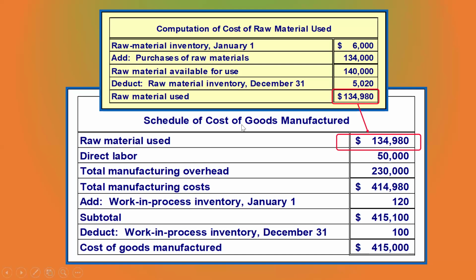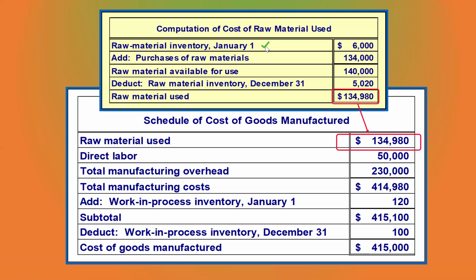While making the schedule of cost of goods manufactured, first of all, we need to calculate the cost of raw material used or direct material used. You can see the computation in which we have raw material inventories. We have two types of inventories: raw material opening and raw material closing.